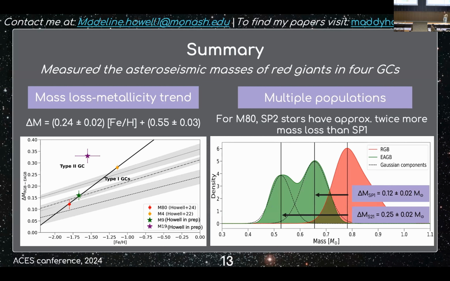Hi, Maddie. I know that one of the major problems you've had with this is dealing with K2 data. Do you have any plans or interest in the future of doing a dedicated study of some globular cluster, where you hog some telescope time and stare at a globular cluster for a long time to get really nice asteroseismology? That would be amazing. That is my dream goal after my PhD is done, a future postdoc or something.